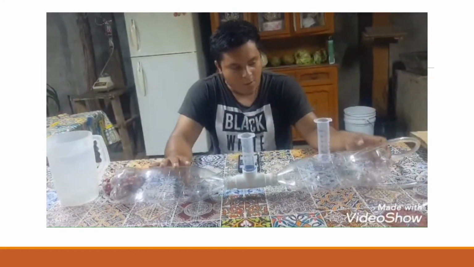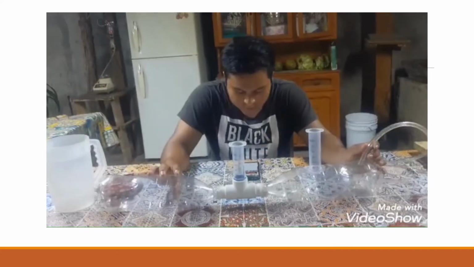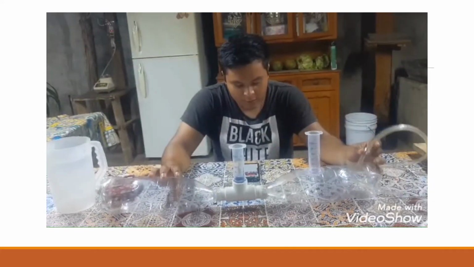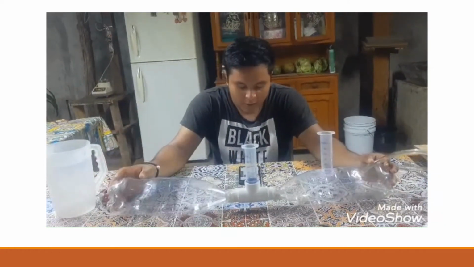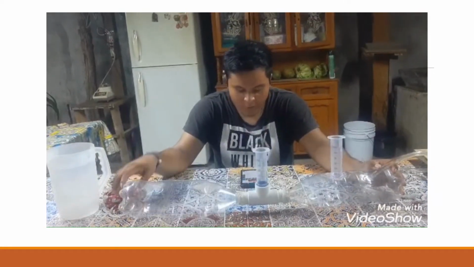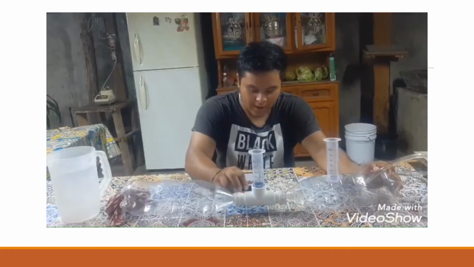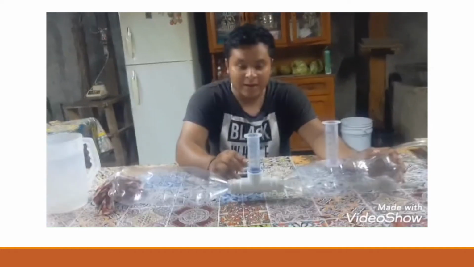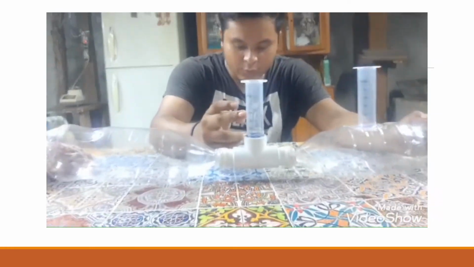Well, water will be made to flow with the help of a hose that connects to one end of the Venturi tube. Likewise, the outlet orifice of the other end of the tube will be obstructed so that the water level begins to rise until it reaches the pipette connected in section 2.